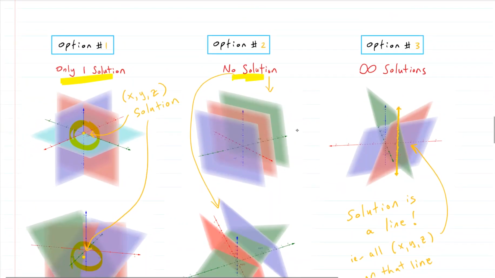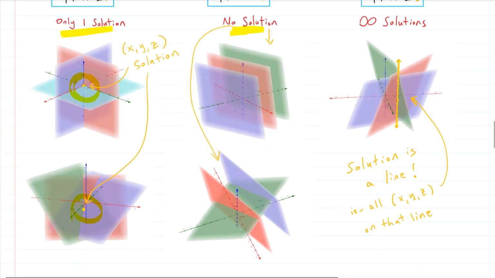Or you could have no solution, where you can see these three planes are parallel in the top picture. In the second picture, you can see that there's some spots where the red and the green touch, or the purple and the green, but never all three of them at the same time. Or you could be in the situation where you have an infinite number of solutions.